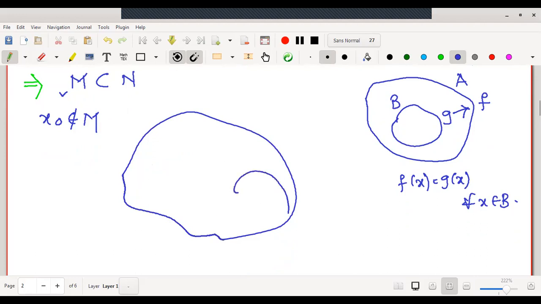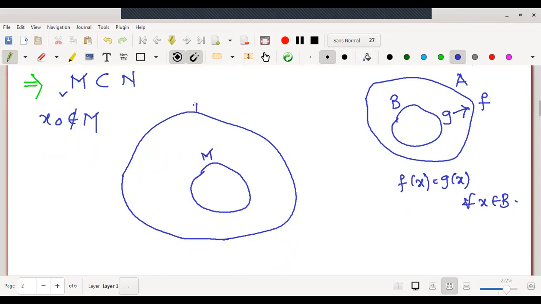Let this be a subspace M of a normed linear space N. Somewhere here is x naught, not an element of M. Now M naught is the space obtained by spanning M and x naught.